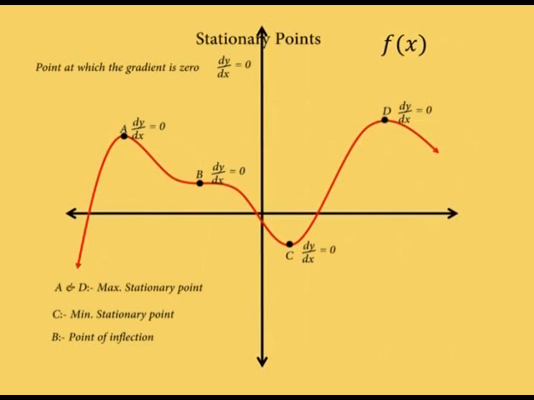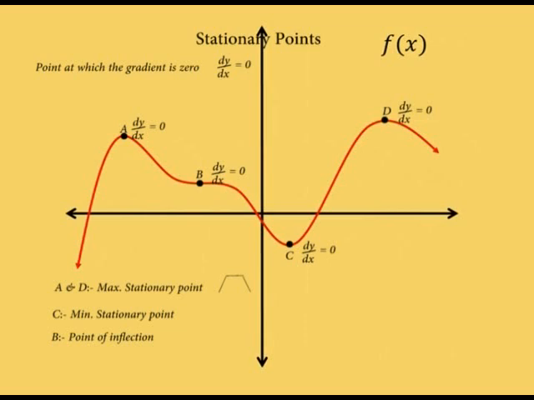You must realize that when the curve is inclined to the right side, the gradient is positive. If inclined towards the left, it is negative. So in a maximum stationary point, the gradient changes from positive to 0 and then to negative. It is symbolically represented as this.